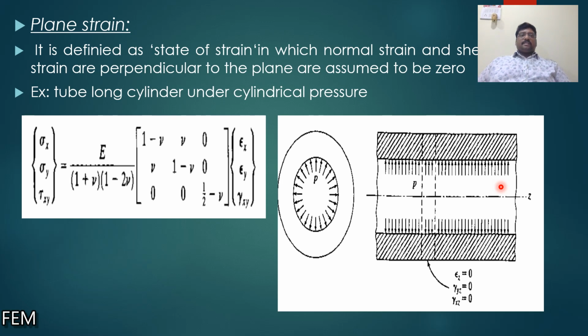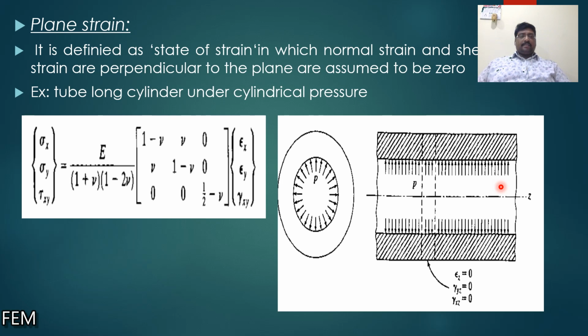As I said, you have two states of condition for a two-dimensional body: the plane stress case and the plane strain case. The plane stress case defines that the normal stress and shear stresses in the z direction are assumed to be 0, and in the plane strain case, the strains in the z direction, axial strain or shear strains, are assumed to be 0.